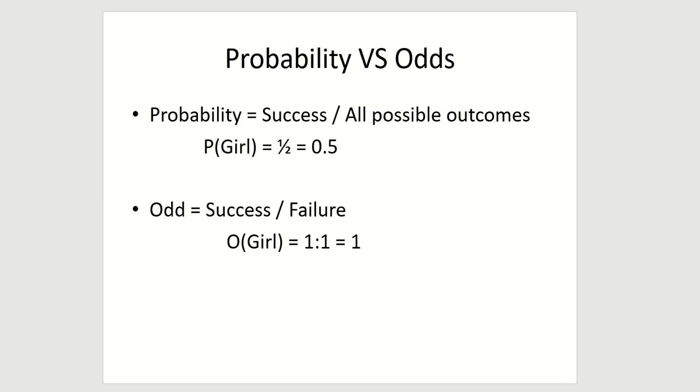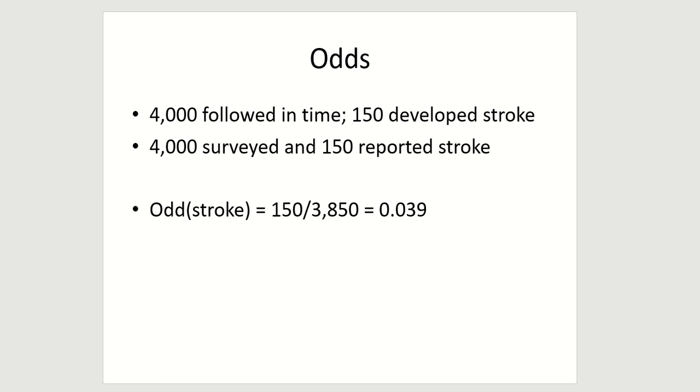So let's see a little bit of application of the odds. So again, 4,000 people followed in time in a prospective design, 150 developed stroke, while in the other, 4,000 were surveyed and 150 reported a stroke. It doesn't matter this way or that way. The odds of stroke in both would be 150, the outcome, over the failures, meaning those who don't have the stroke, which is 3,850, which in that example is 0.039.